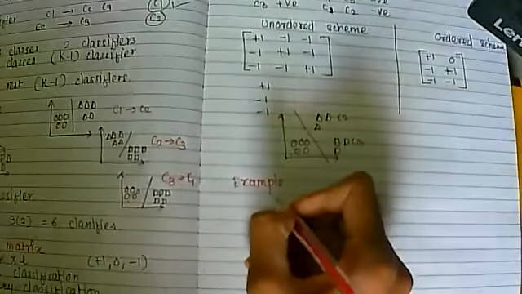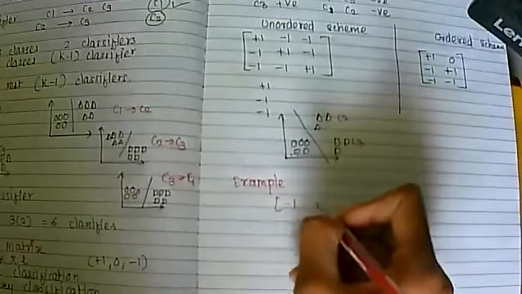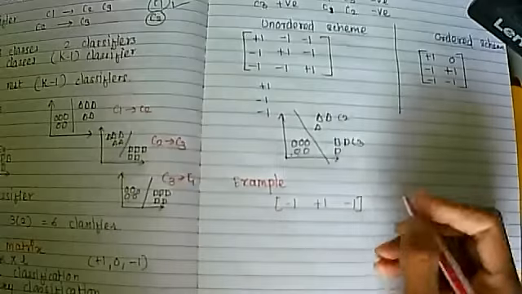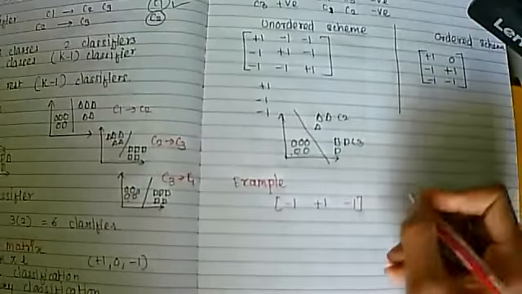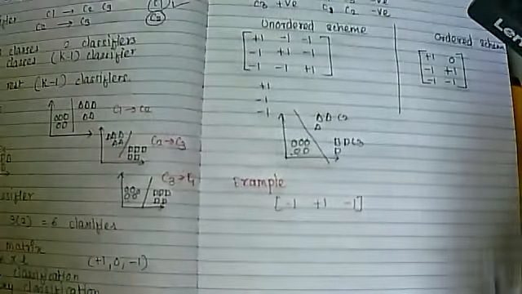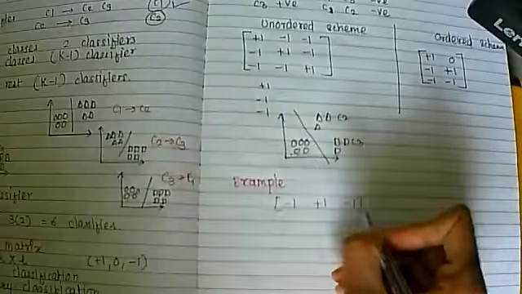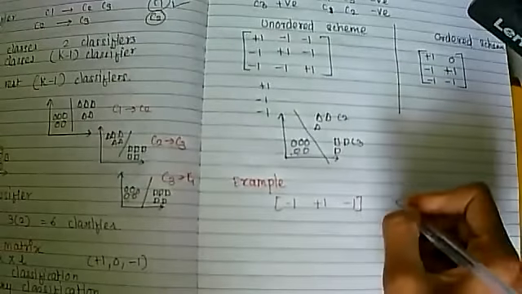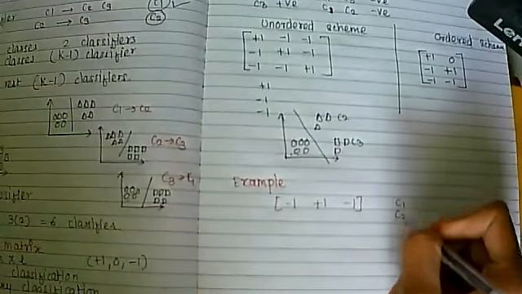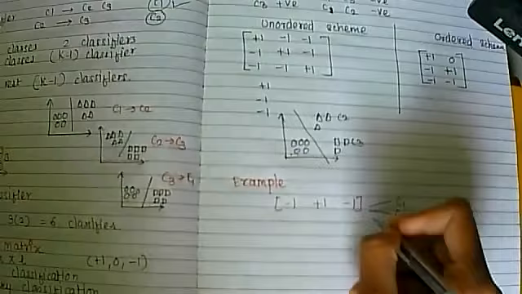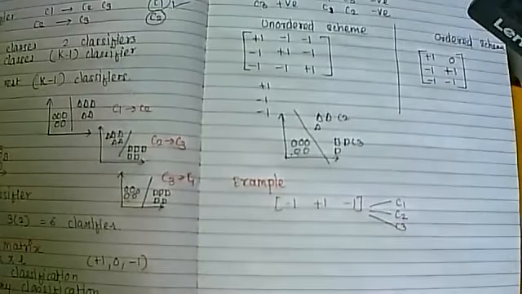For example, the instance is -1 +1 -1. Okay, this is the instance. There are instances of 3 classes, and we have to find out whether it will go in C1, C2 or C3.